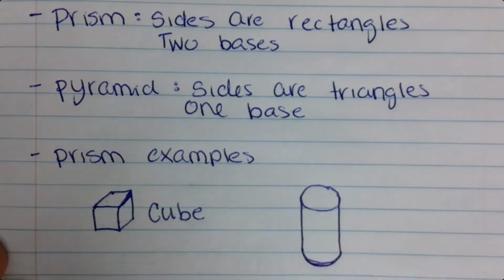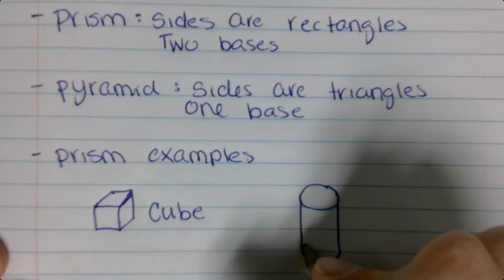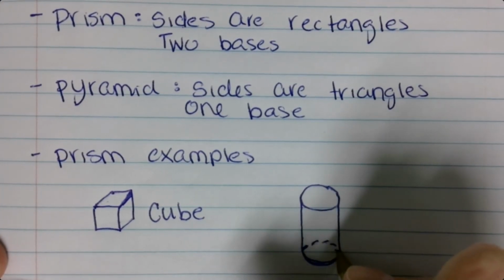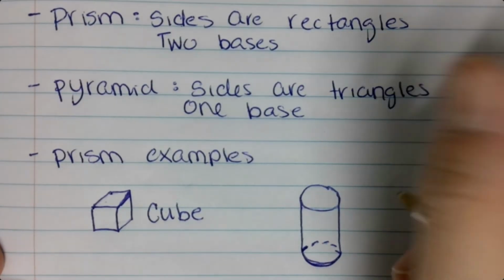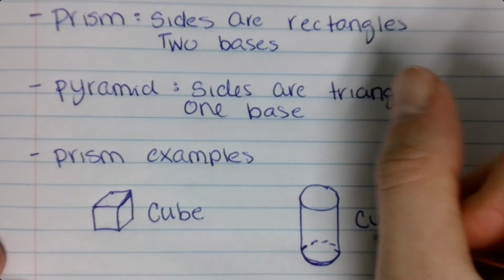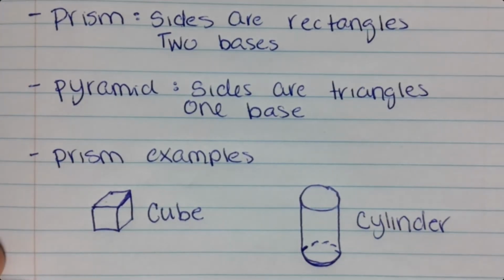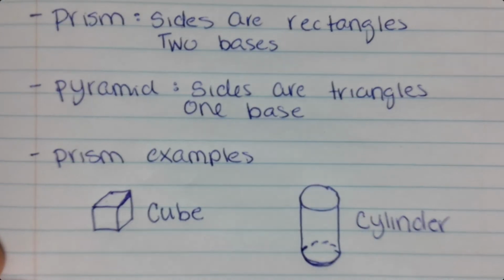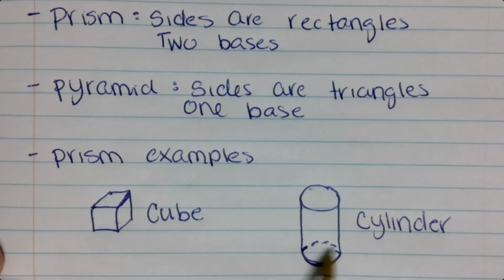And then you're going to draw a dotted line to finish off that circle. And that is called a cylinder. If you think of that, the two bases would be these two circles.